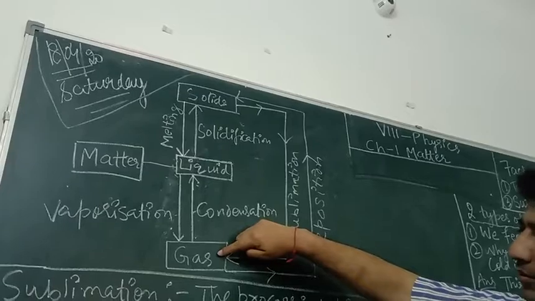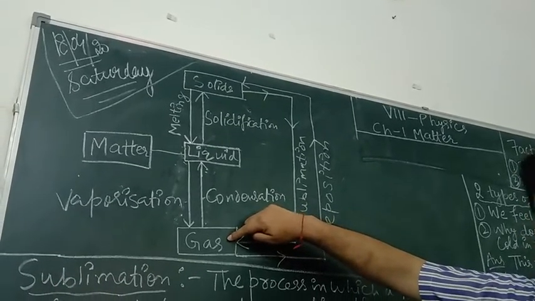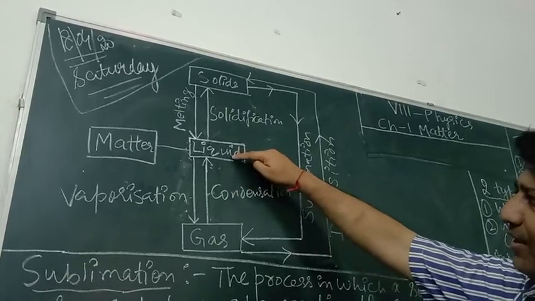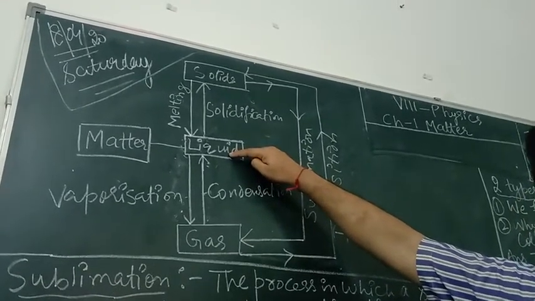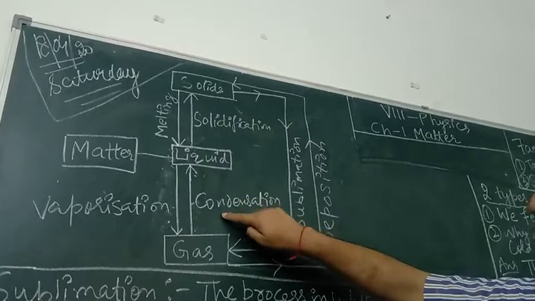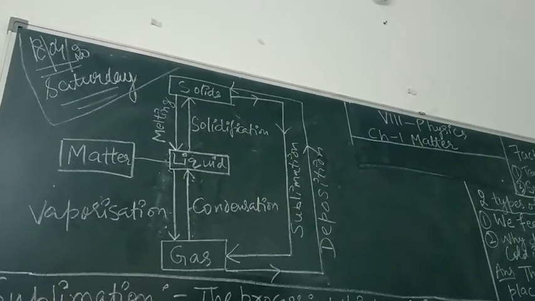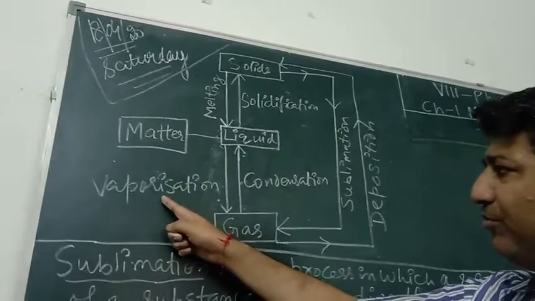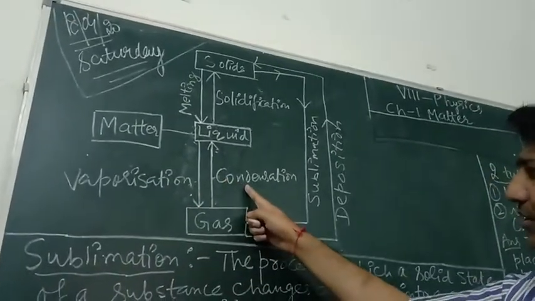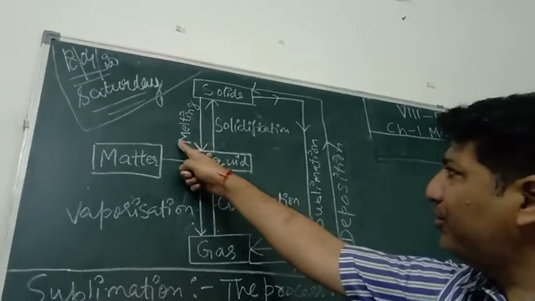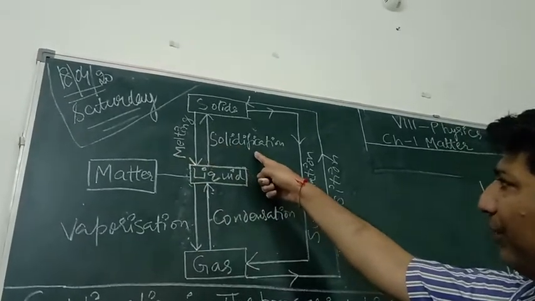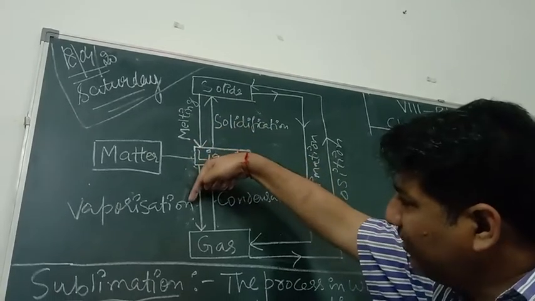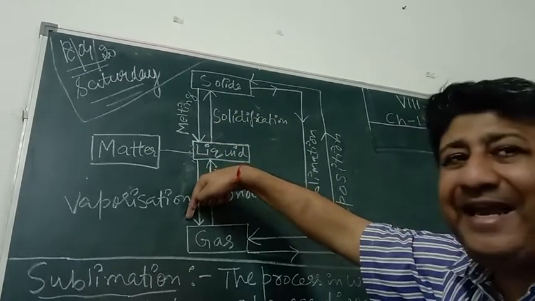And when a gaseous state of a substance changes to a liquid state at a fixed temperature, that process is called condensation. So as you can see, the opposite of the vaporization process is the condensation process, and the opposite of the melting process is solidification. This side represents the processes taking place due to heating.